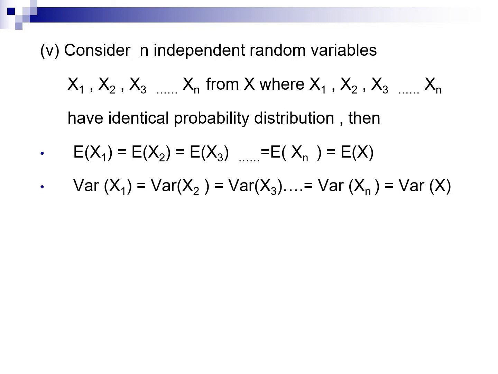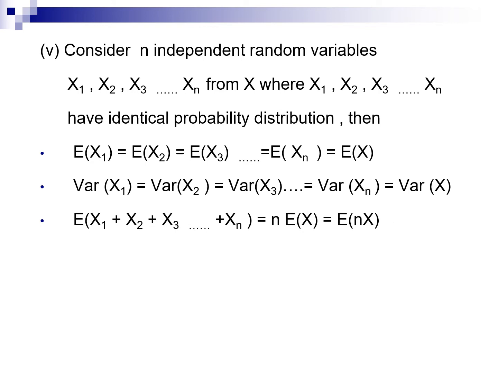Now, the variance of x1 is also the same as variance x2, the same as variance x3 until the variance of xn. Hence, it's also the same as variance of x because all these n independent variables are taken from x, so they must all have the same value.